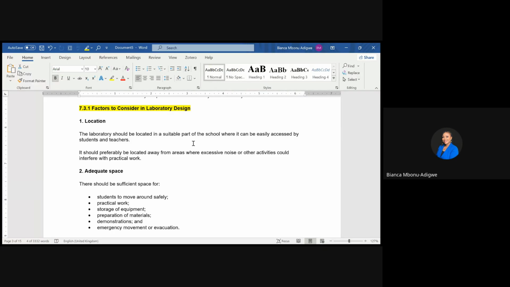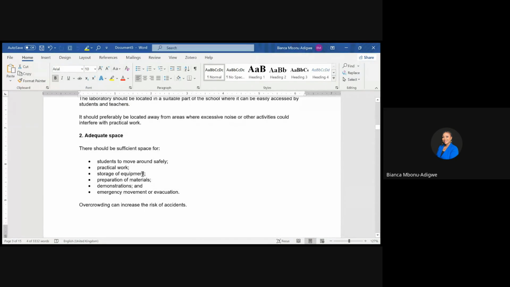No, it should be central. In fact, if you get to a school, most times you'll find out that all these laboratories are close together in the center of the school compound, where it is accessible to both junior students and senior students. So it should be located in a suitable part of the school.